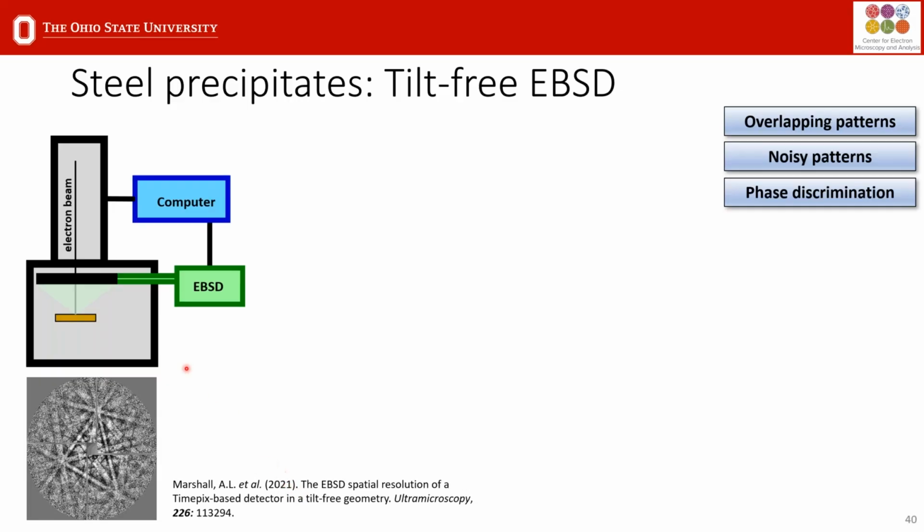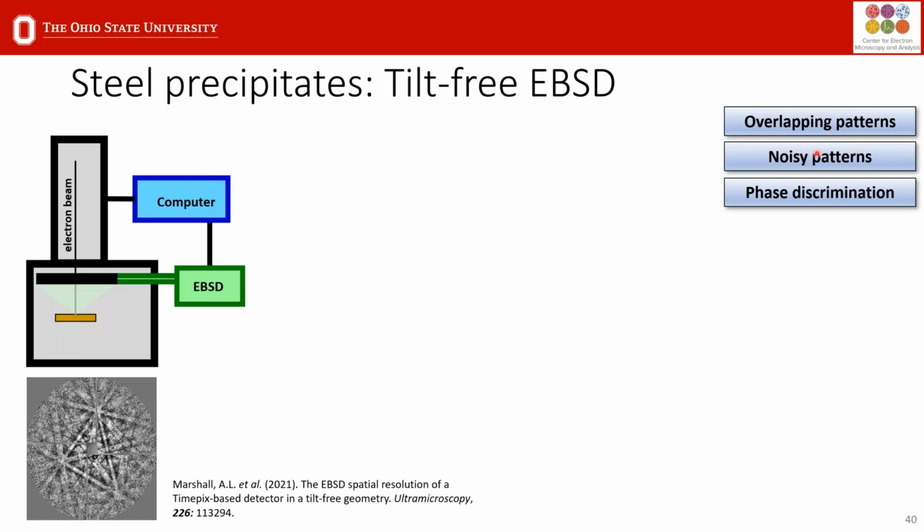So that's the benefit, but the downside is that the backscatter yield is a factor of 10 less. There's a reason why we perform EBSD analysis at 70 degree tilt, because you get a lot of signal. If you place the sample at 0 degree tilt, then you get a lot less signal.